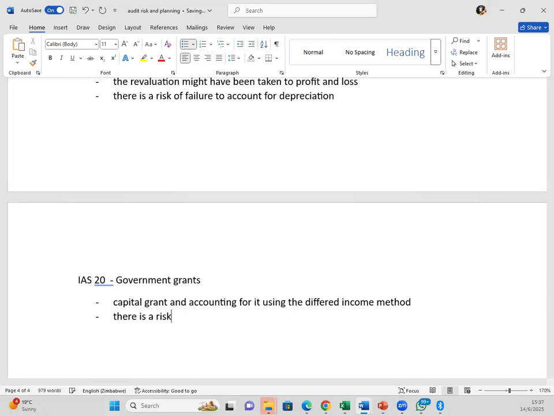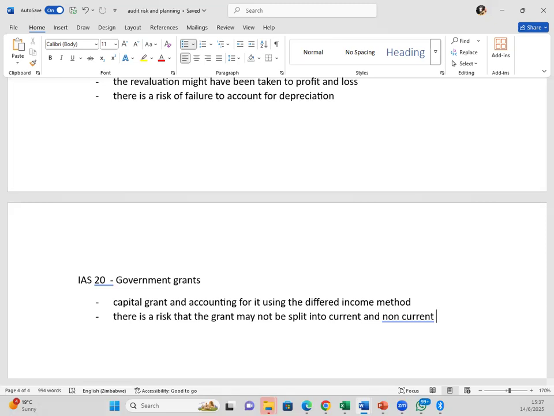There is a risk that the grant may not be split into current and non-current. So there's a risk that the grant was just recorded as either a non-current liability or a current liability.